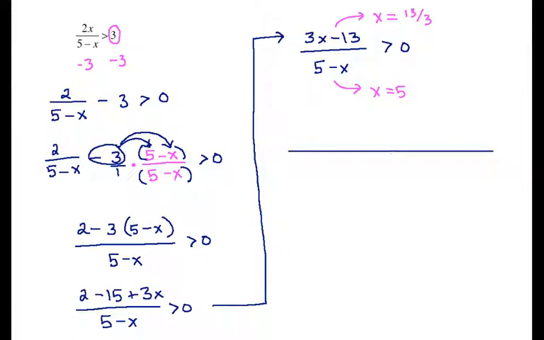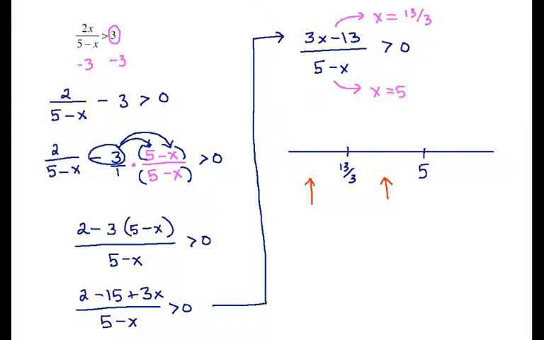So I'll draw my number line and mark these two boundary values. 13/3 is just a little bit bigger than 4, so that's going to be on the left, and 5 is on the right. Now this will divide up the number line into intervals, and now I'm going to pick a representative value from each interval.